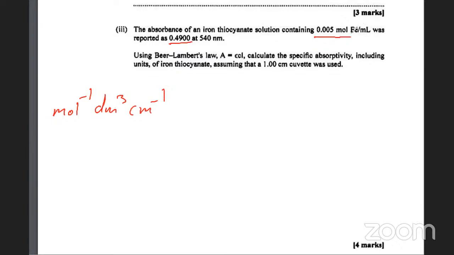Now this is in moles per milliliter, so we're going to convert the milliliter into dm cubed. If 0.005 mole is in 1 mL, we know that 1,000 milliliters is 1 dm cubed. We figure out how much would be in 1,000 milliliters by multiplying by 1,000, and you would end up with 5.